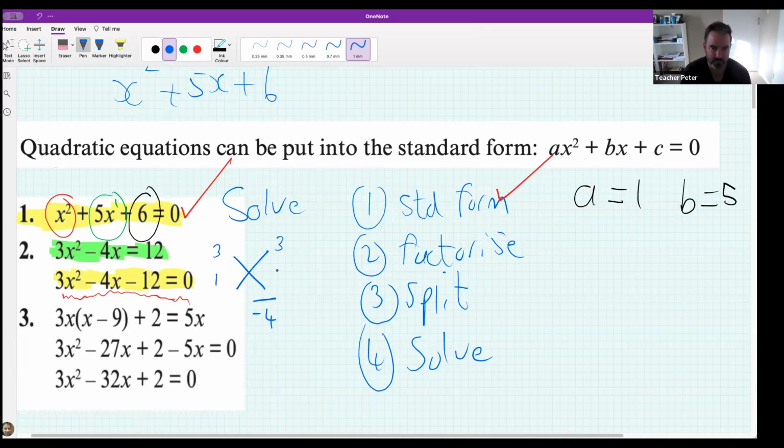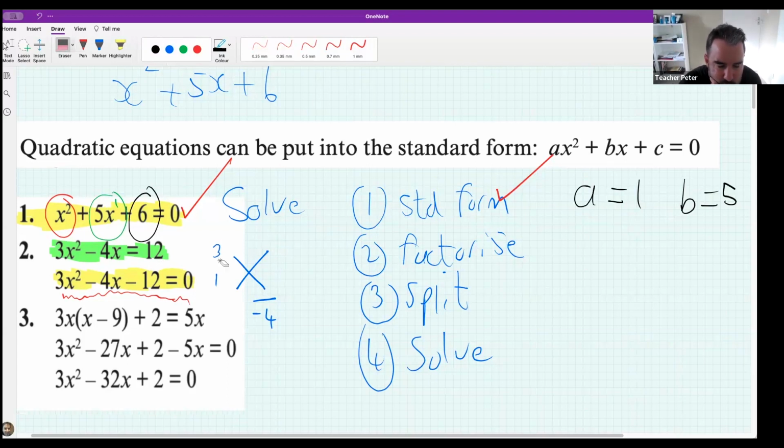3 and 4, does that work? No. 4 and 3, no. What about 6 and 2? Oh, that could work. Let's have a look. How do we balance this?